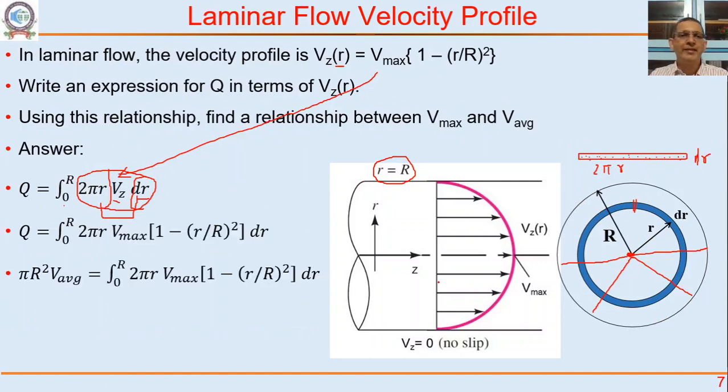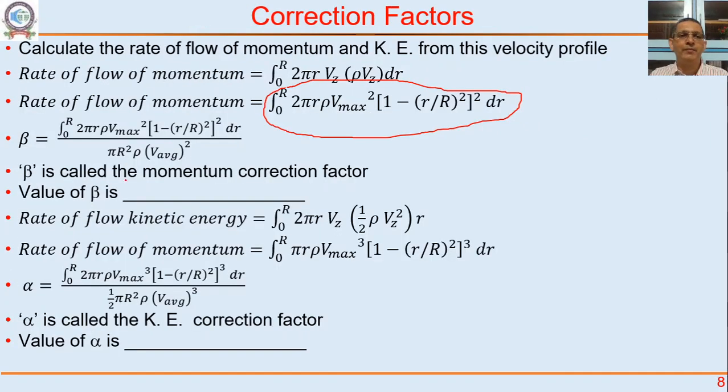So we will write this momentum correction factor beta as the actual value of rate of momentum going out, divided by what we would have got by considering average velocity, as if the whole pipe had the same velocity V average. So this beta is called the momentum correction factor.